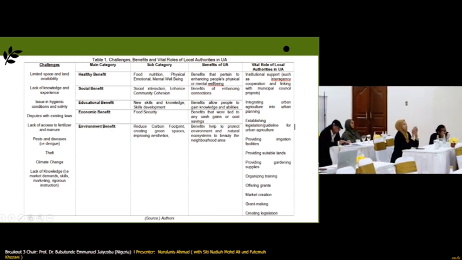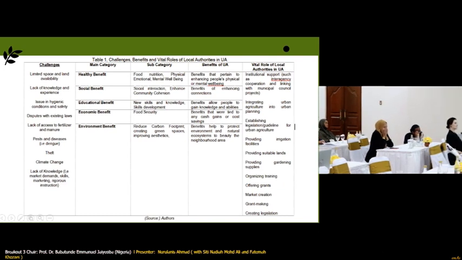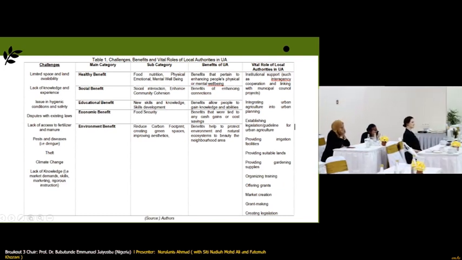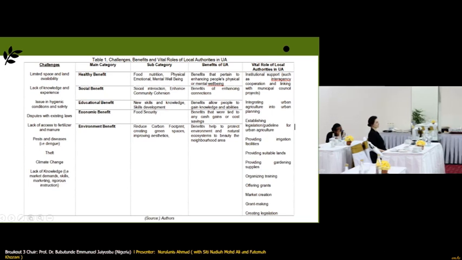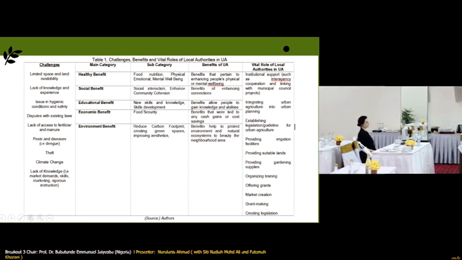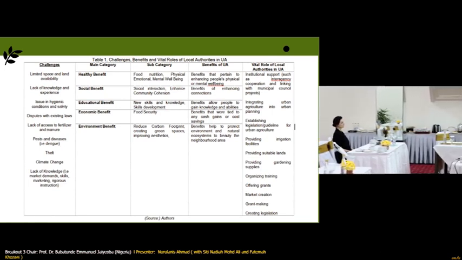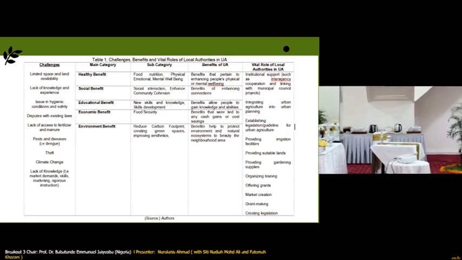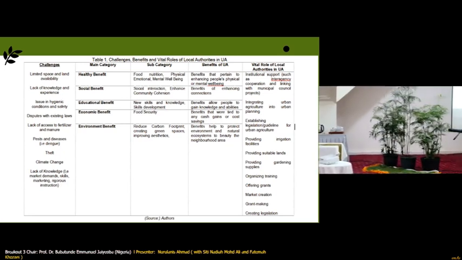In terms of the vital role of local authorities, they can provide institutional support such as cooperation and linking among municipal council projects.